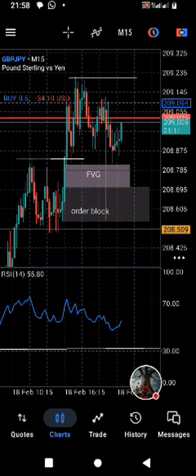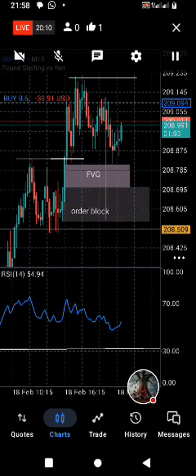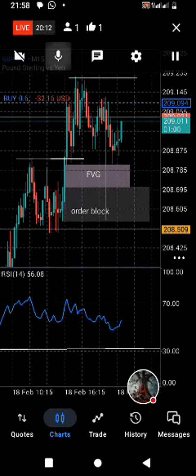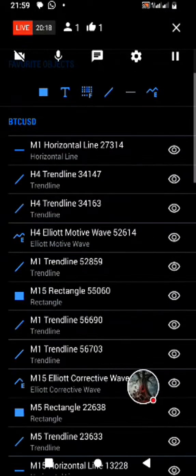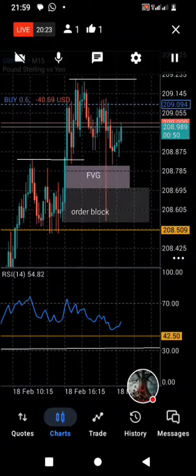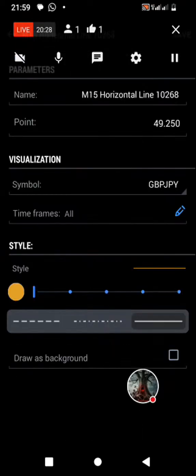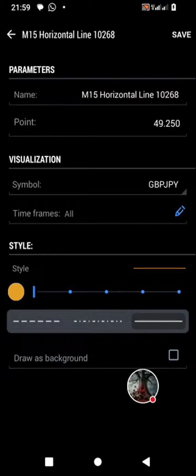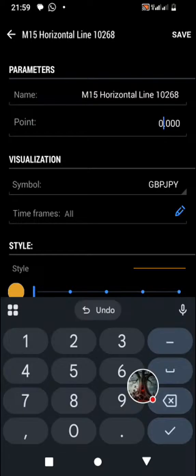Now in the RSI, I'm going to put a line to show you the 50% level on the RSI, which is very important to identify oversold or overbought. So we'll set it at 50.